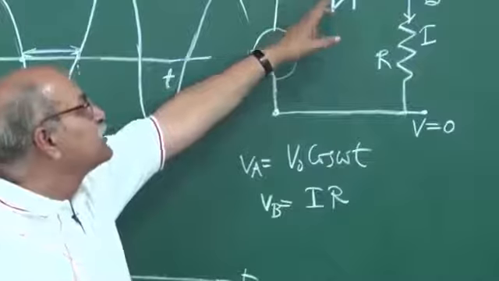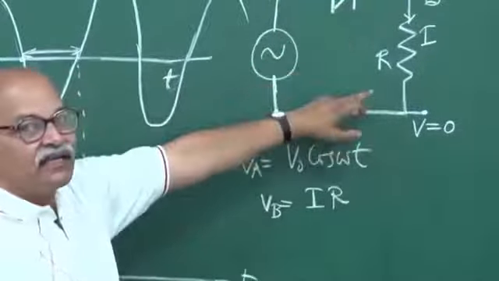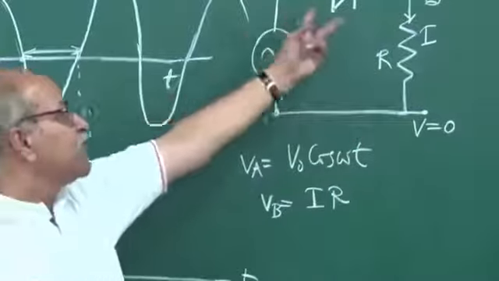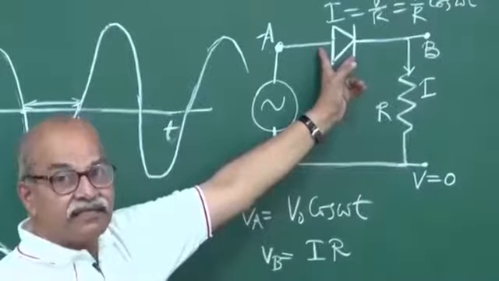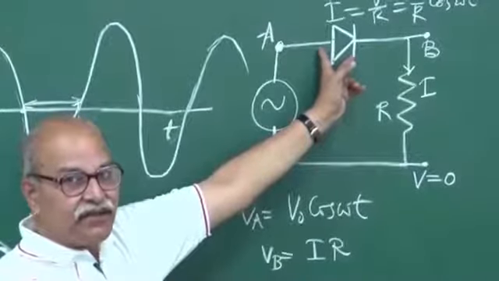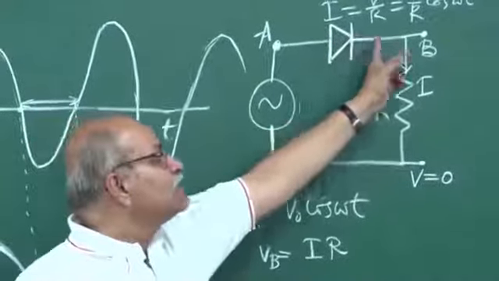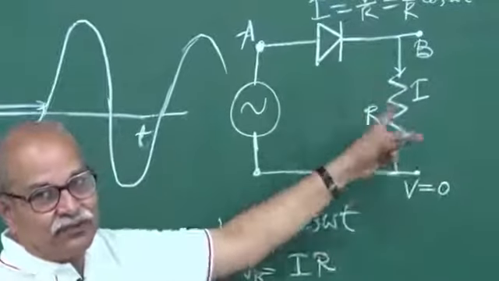So P is connected to the lower potential side, N is connected to the higher potential side, and this is reverse bias. And if it offers very large resistance, if I call that resistance infinity, no current flows through this.